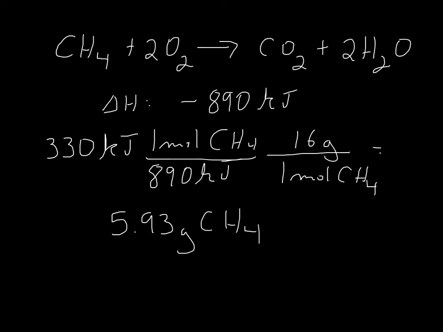So to summarize where we are at the moment, we can figure out what the delta H for a reaction is by taking the amount of energy it would take to break those bonds and subtracting from that the amount of energy that would be released when you form these bonds over here. And that is where we get this number.